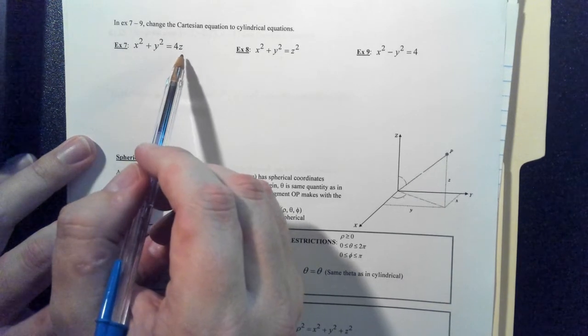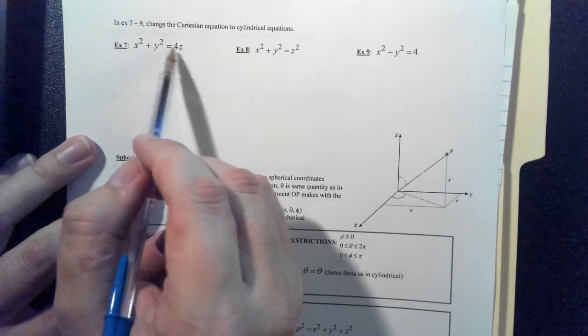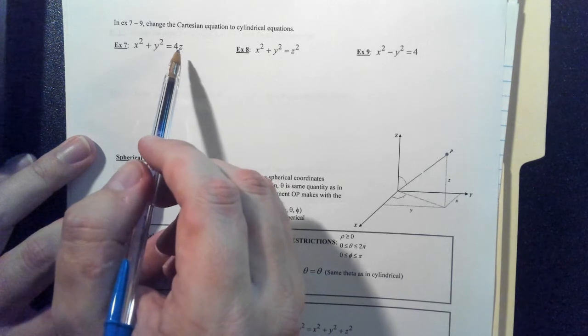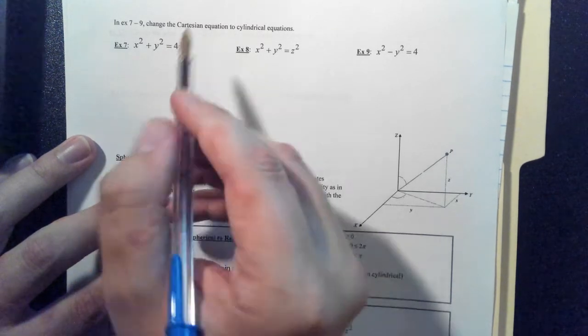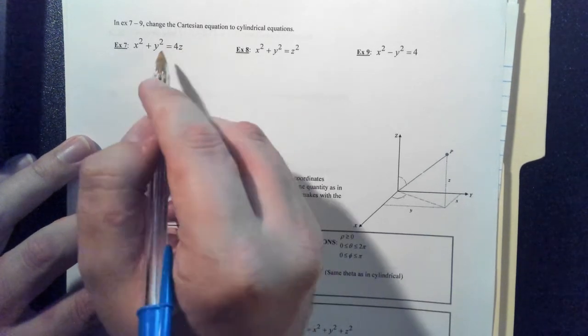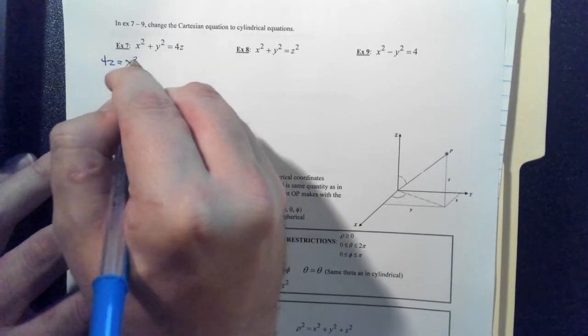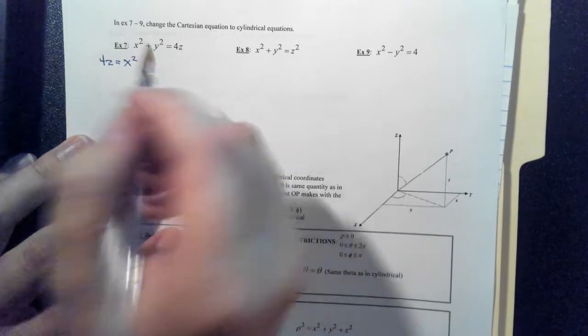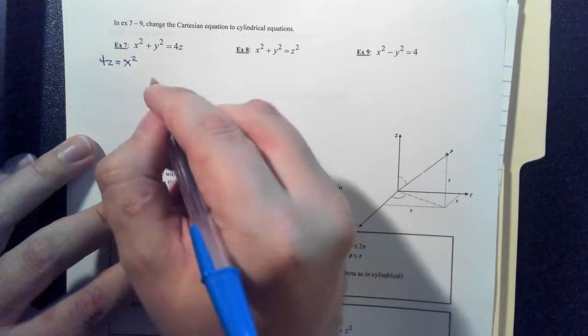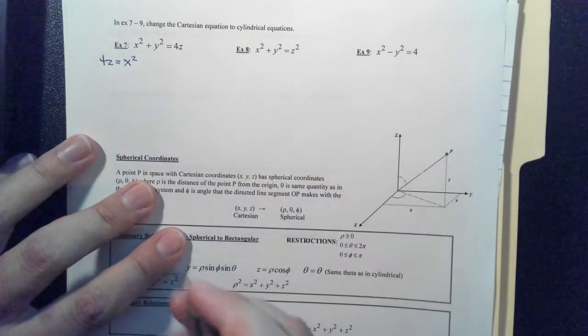When z gets to be 2, I will have a circle whose radius is the square root of 8. I will have circles going up, but my other cross sections, I would have, for example, 4z equals x squared. So this is a paraboloid, a circular paraboloid.